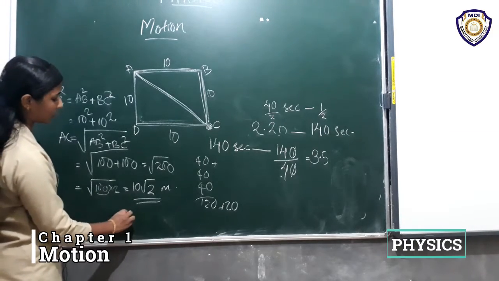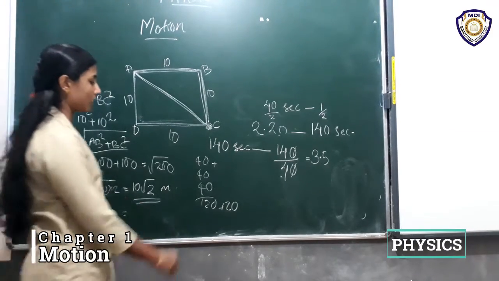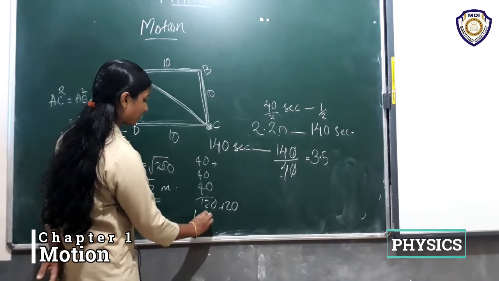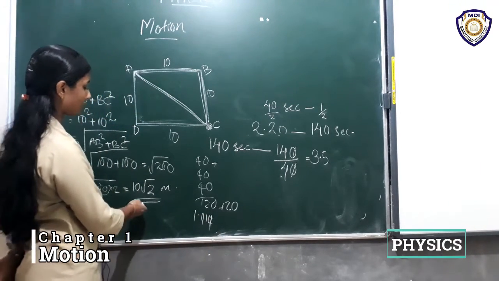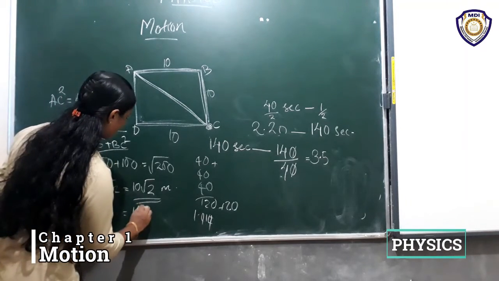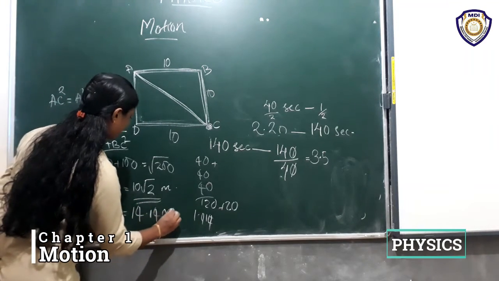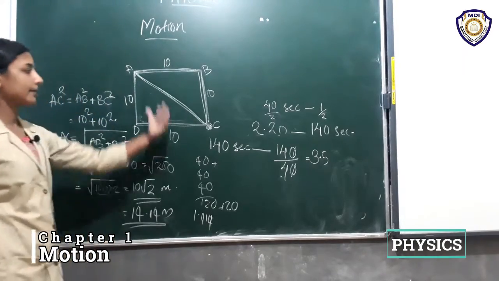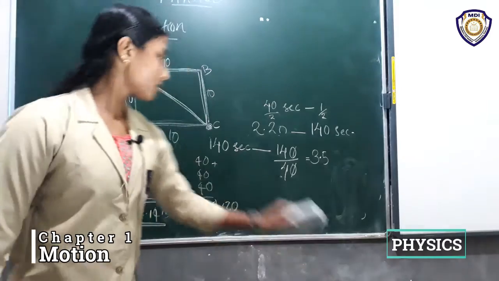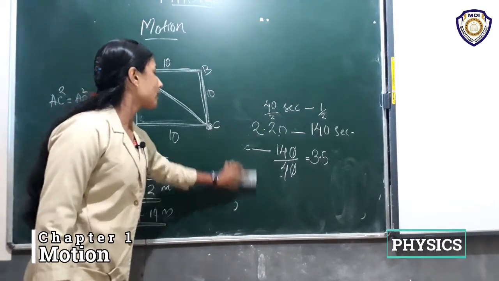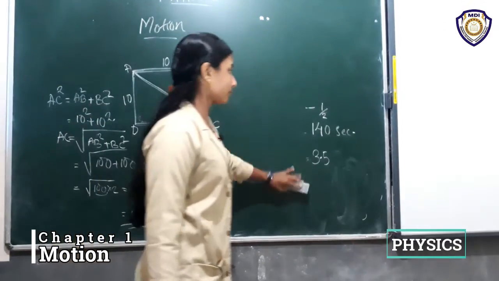What is root 2 equal to? 1.414, I think. So it will be equal to 14.14 meters. So this will be the displacement of the farmer, right? So you just look at that question and try to do that, okay?